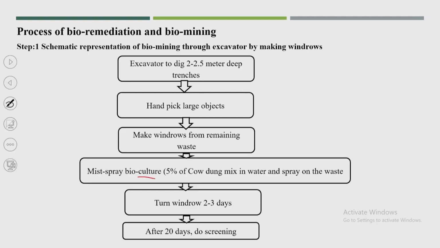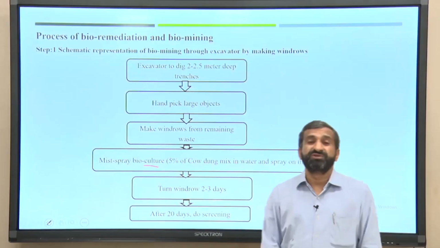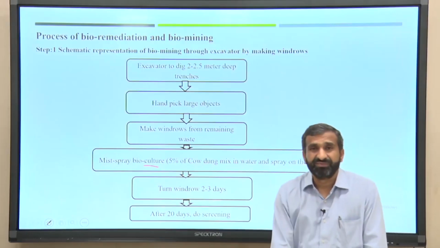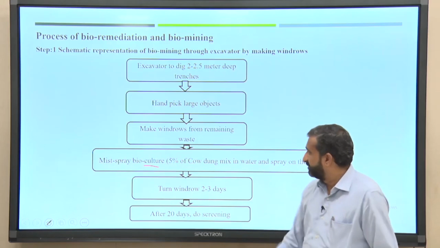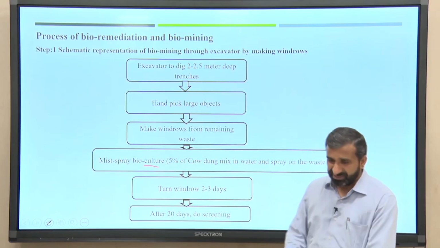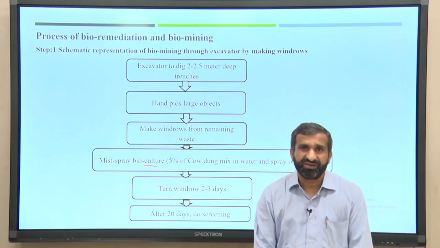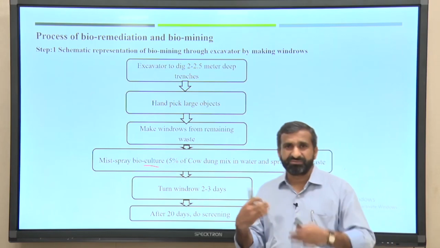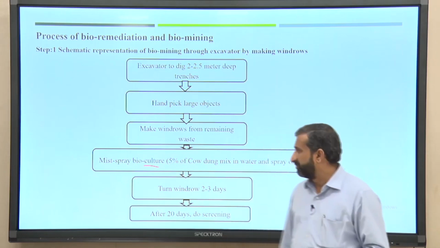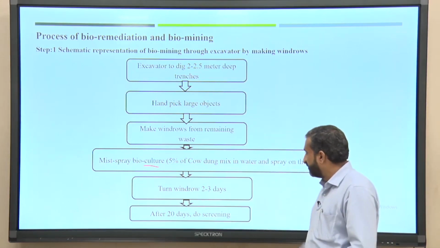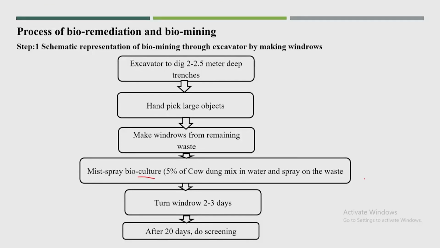So, rather than purchasing commercially available biocultures, you can simply mix 5% cow dung into water and spray it onto that particular windrow. Turn the windrow every 2 to 3 days, and after 20 days do screening. 20 to 30 days is well enough for the degradation of whatever organic fractions are available there.